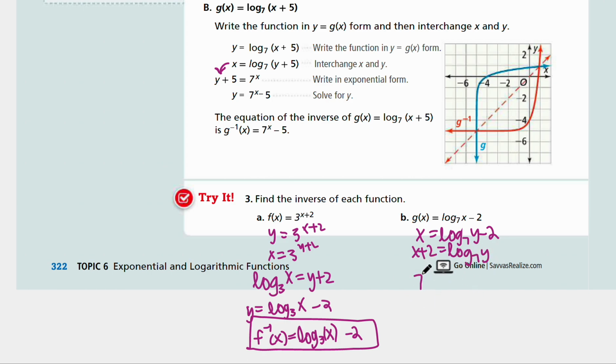Base 7 to the power of x plus 2 is equal to y. And that's it. So f inverse, the inverse function, would be 7 to the power of x plus 2. Okay, good. So that's how you write the inverse functions.